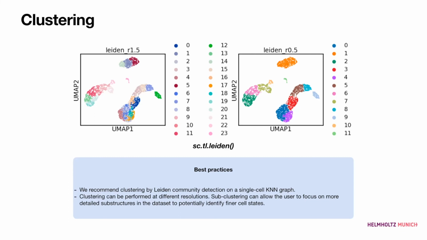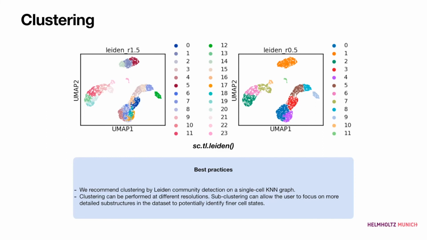In my experience, clustering is something that I usually need to do a couple of times to get a feel for the resolution that fits my data. The resolution that you give this Leiden algorithm depends on the number of cells that you have. If you use fewer cells, you may need to use a different resolution. That's just the way this clustering algorithm works.